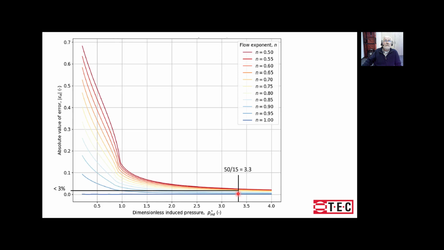So here the induced pressure is 3.3 times the stack effect pressure. And then we can see that the maximum error would be something less than 3%. This would be 10%. Here we go up 3%, something like that. Maybe that's about, looks like about 2.5%.